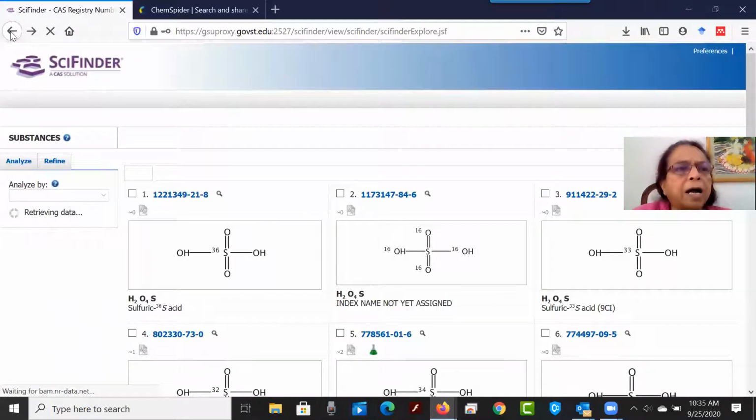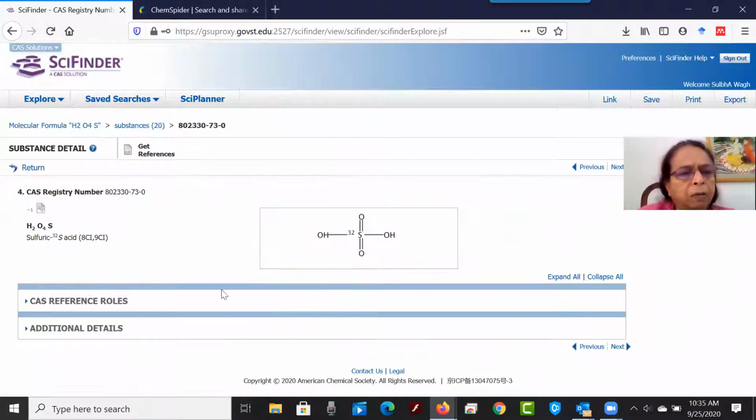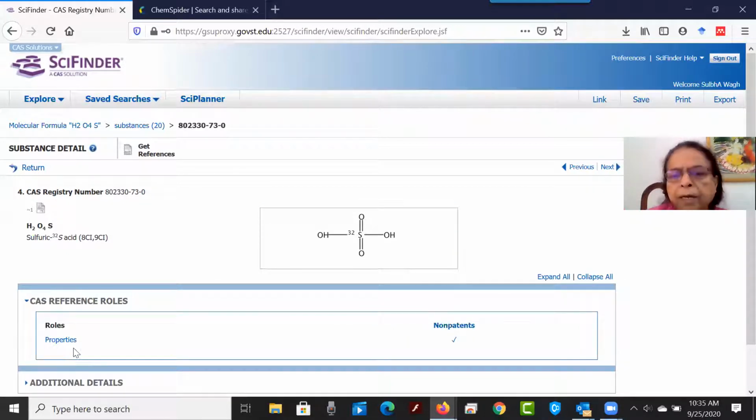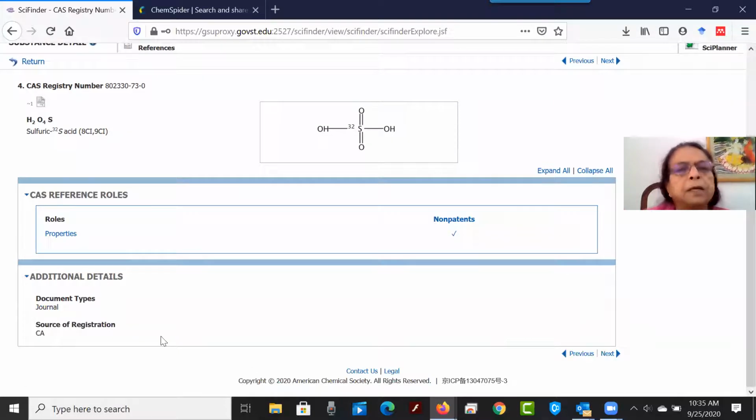And I've asked you sometimes, right? If you look at this one, what does it give you? It gives you the reference, CAS reference roles, how it is used. That's what you're going to be looking at. Additional details, document type, and all of this. And in certain cases, in the additional details, you get EPA information, whether it's a controlled substance or whether it is available anywhere.